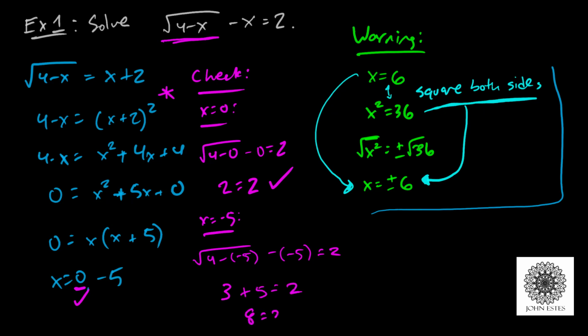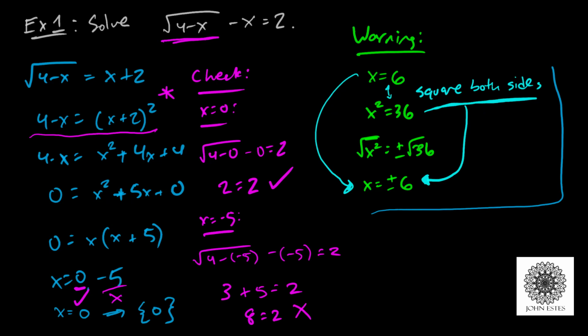So I end up with 8 equals 2, which we know does not happen. So the negative 5 does not check. When I squared both sides, I generated the negative 5 as a solution. So my final solution is x equals 0, or as a solution set, the set with only one element, 0.